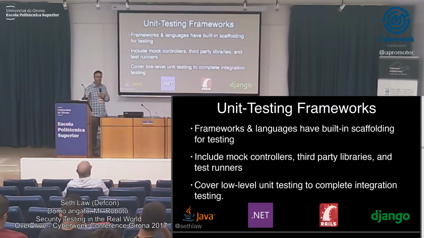If you've dealt with Java, there's the JUnit testing framework, there's RoboElectric, .NET has NUnit, there's all sorts of different options available to the developer to make sure their code does what is expected. It covers everything from low-level unit testing, whether or not this function returns a proper integer, to complete integration testing, whether or not you can stand the application all the way up and then interact with it.